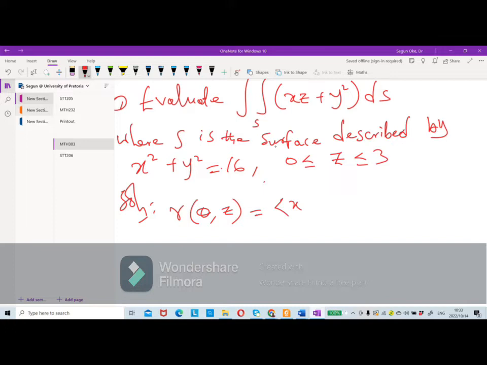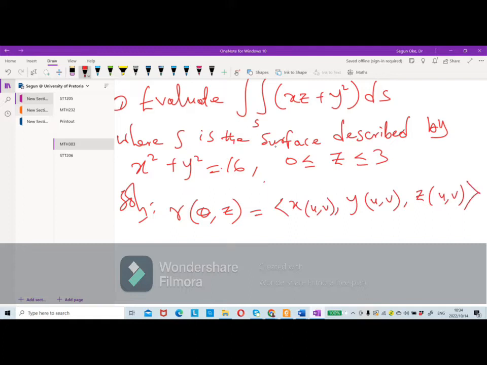Yes, sir. Then how do we write the formula out? When you have R, let's say x is a function of U, V, y is a function of U, V, and z is also a function of U, V.